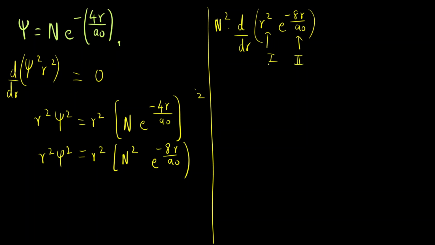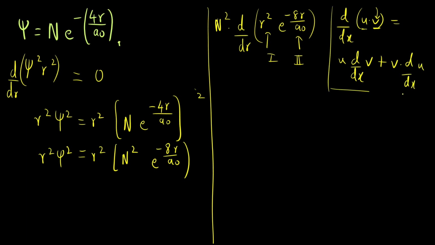The first is quadratic, the second is exponential, so we have to use the u into v rule. d by dx of u into v is: keep the first term constant, u into the differentiation of the second term, plus keep the second term constant, v into d by dx of the first term.